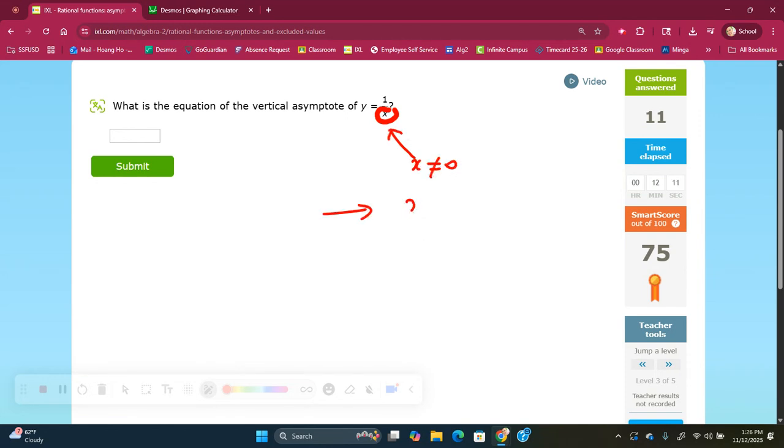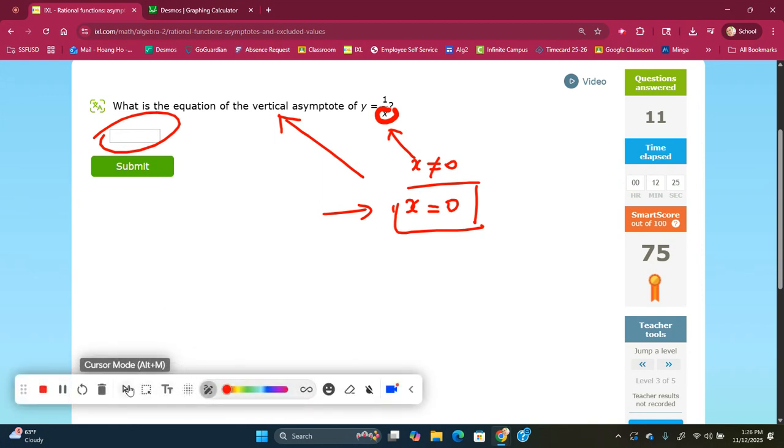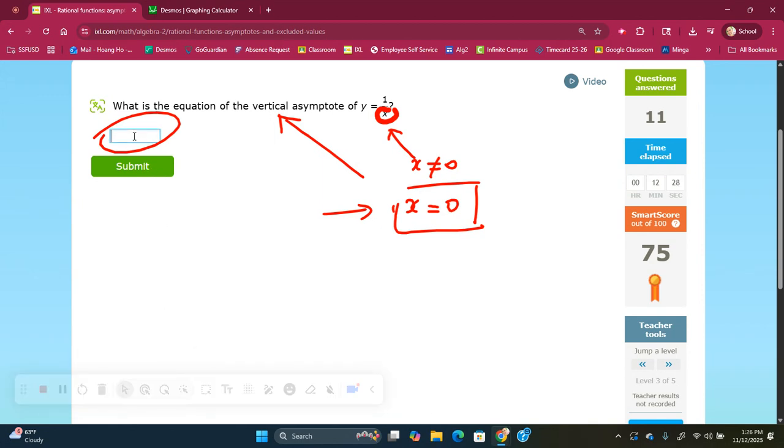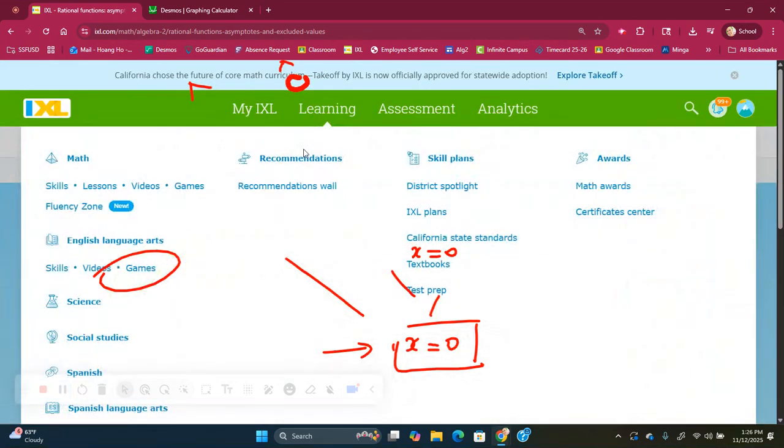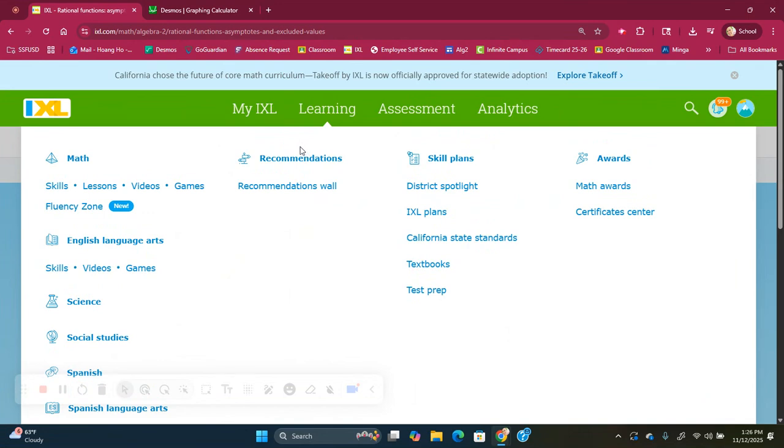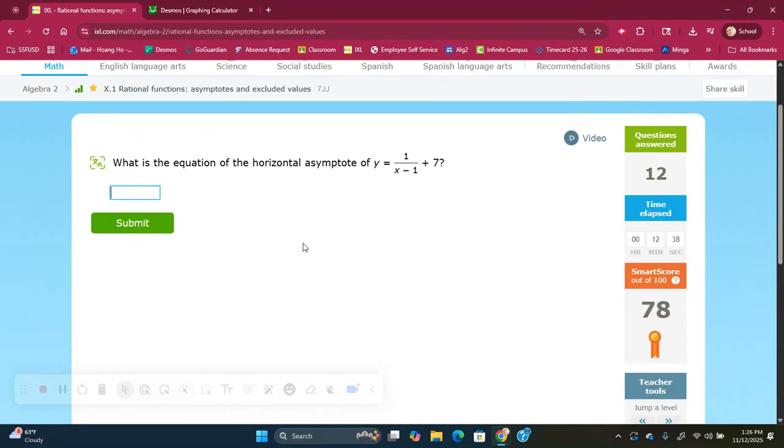Therefore, the vertical line x equals 0 is the vertical asymptote. So the answer I put right here: vertical asymptote is x equals 0. All right, here we go.